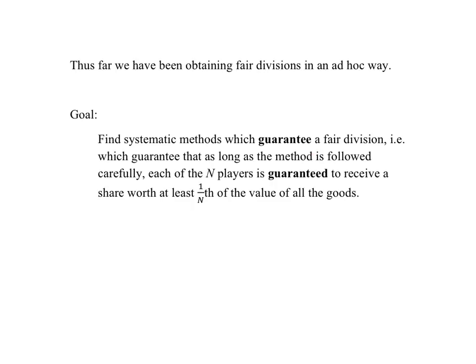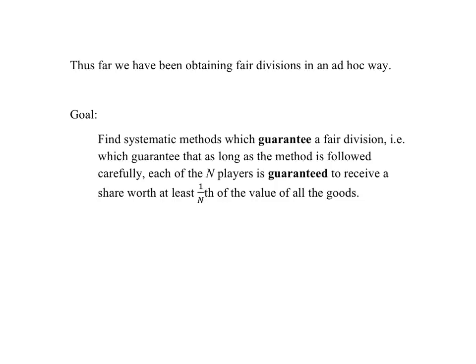In other words, methods which guarantee that as long as everyone follows the method carefully, each player is guaranteed to receive a share worth at least 1/nth the value of all the goods to them, where n is the number of players. Okay? We want it to be guaranteed that every player receives a fair share. This is mathematics that we're doing, and guarantees are really very important.